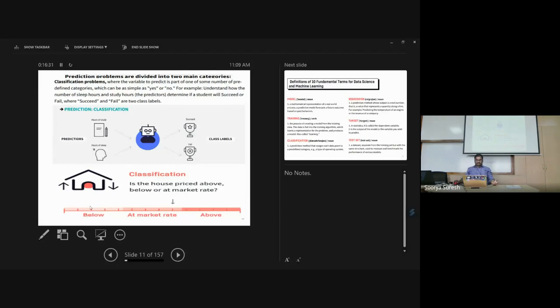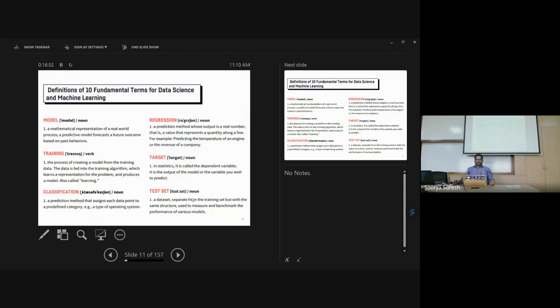Here also, rather than predicting the exact market value, if you want to assign based upon these features, the class will represent whether the price of the apartment is below the average market price, exactly the market price, or above the market price. So we can assign a class, or we can predict an exact value.